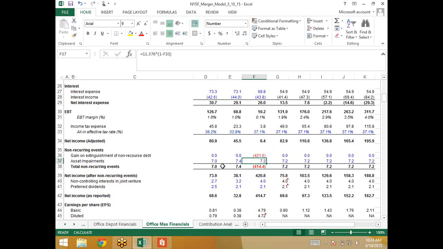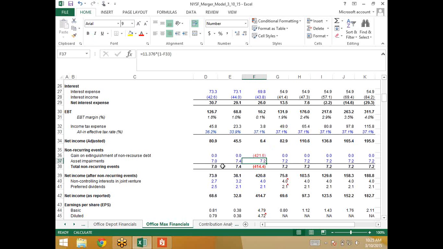Assuming that Office Depot is acquiring all the assets, what would you assume? To acquire those target asset impairments. Yeah. In this case, because it's an impairment to the assets of the target business and you're acquiring all the assets, you probably assume that this asset impairment would come into the combined entity anyway.